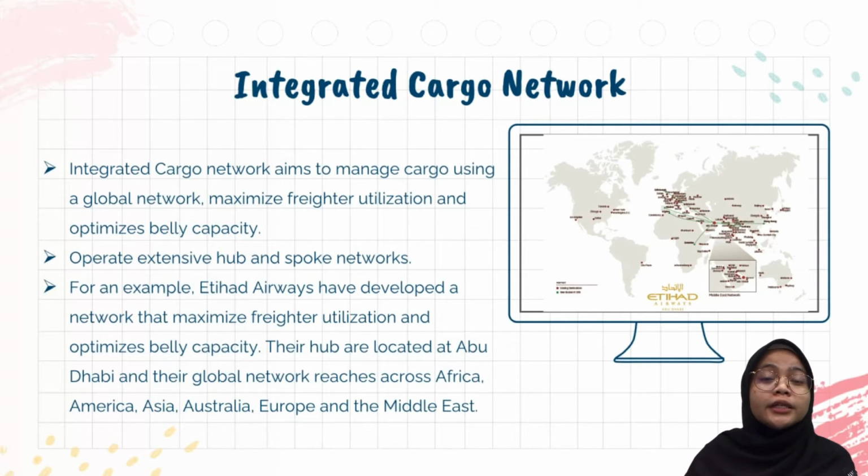Integrated cargo network aims to manage cargo using a global network, maximize freighter utilization, and optimize belly capacity. It operates an extensive hub and spoke network providing expansive geographic coverage.